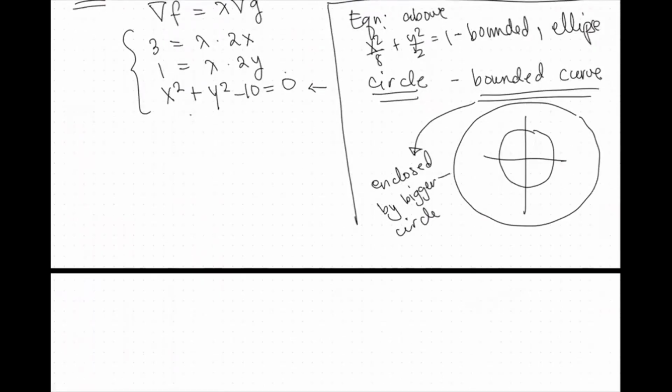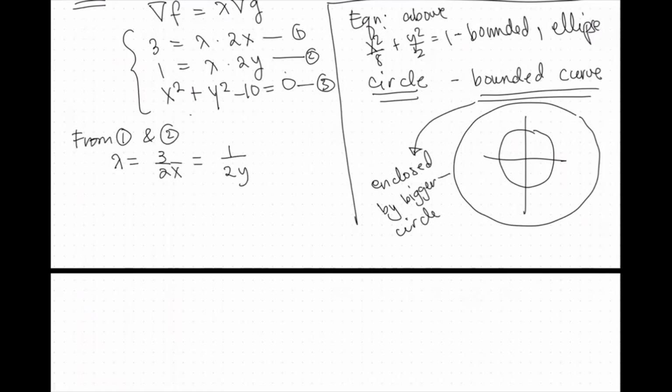Now, solve for lambda. So equation 1, equation 2, and let me write this as equation 3. Solving for lambda from 1 and 2, our lambda is 3 halves times x, and this is also equal to 1 over 2y.